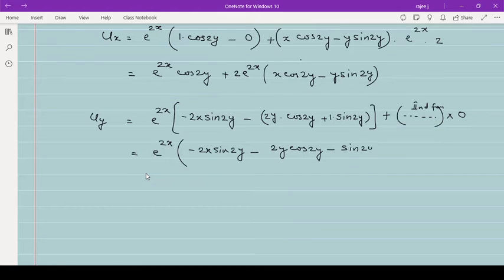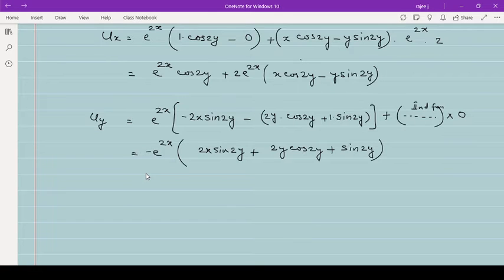Now if you want to take this minus outside, I take all this minus outside, then all this will become plus. So this is minus e raised to 2x. So ux and uy we got.